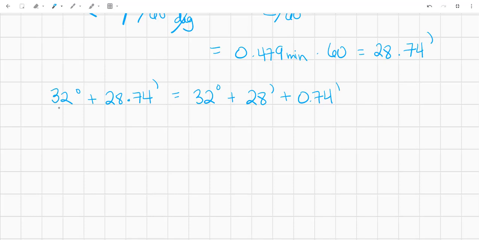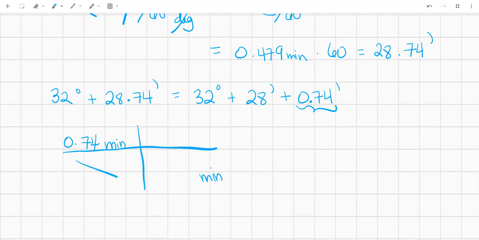I know this is less than 1 minute, so I can convert this into seconds. So I have 0.74 minutes, and I'm going to convert it into seconds. Nothing below here.